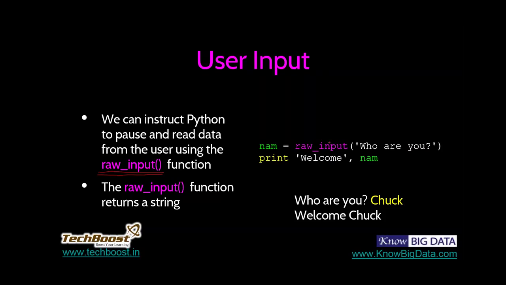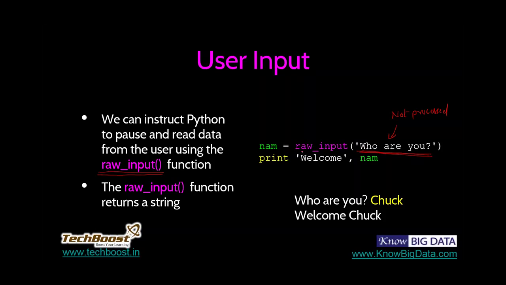Raw input takes a string as an input, but remember this string is not processed. This is just for displaying to the user a help or an example string of what he needs to enter.